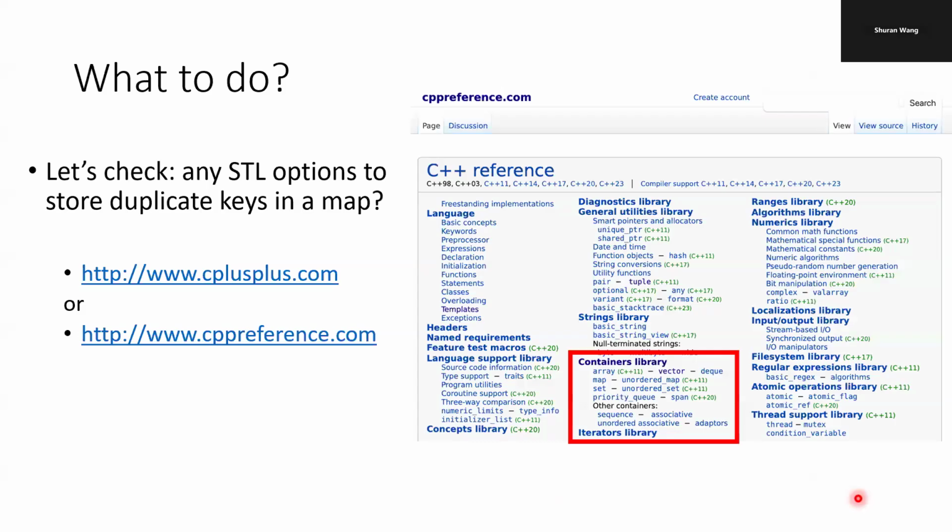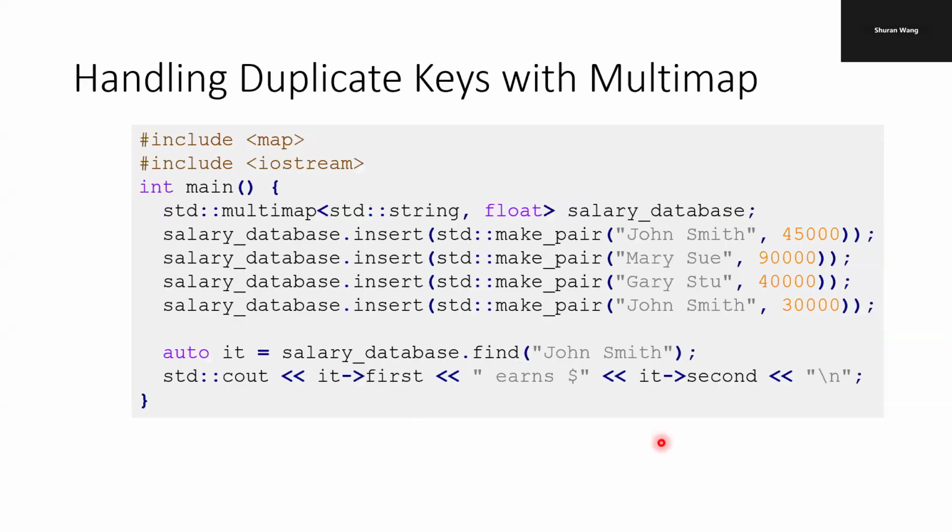Then what do we do? We go to the C++ reference website and we look inside the containers library and see, are there other containers that can satisfy what we need? And then we find multi-map.